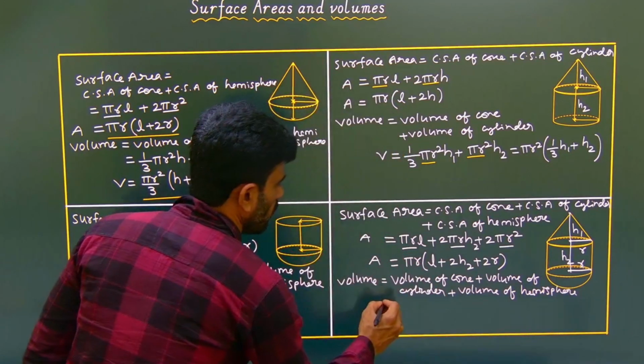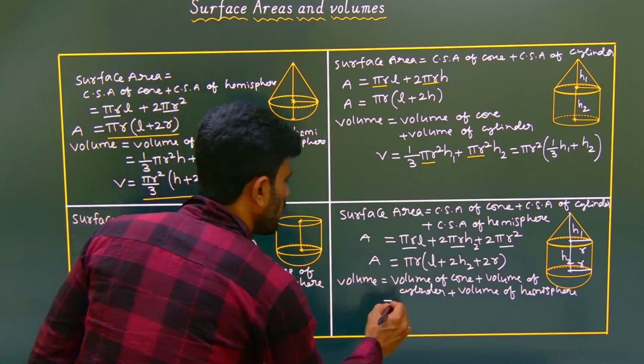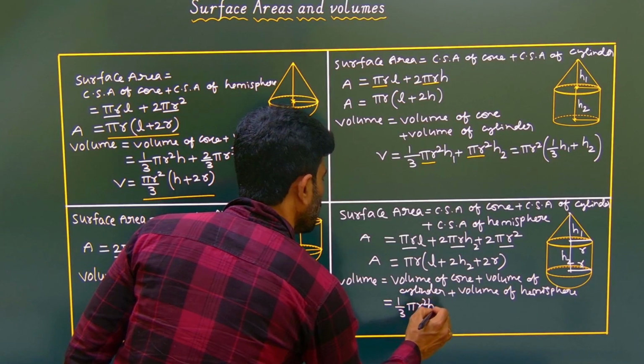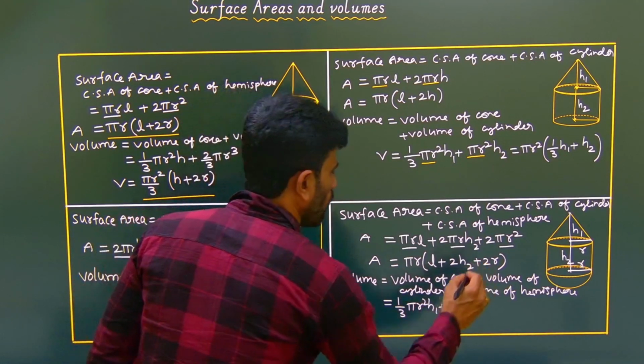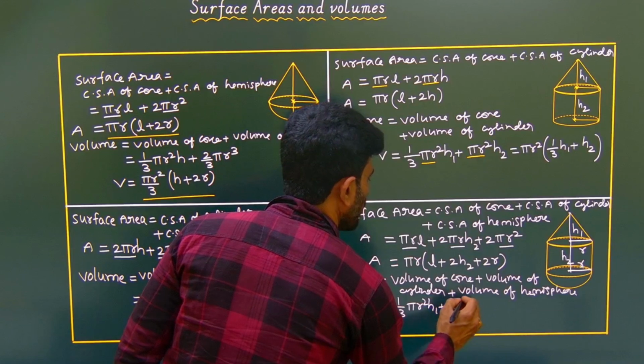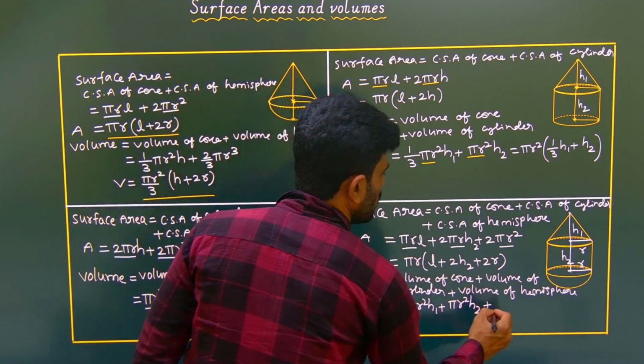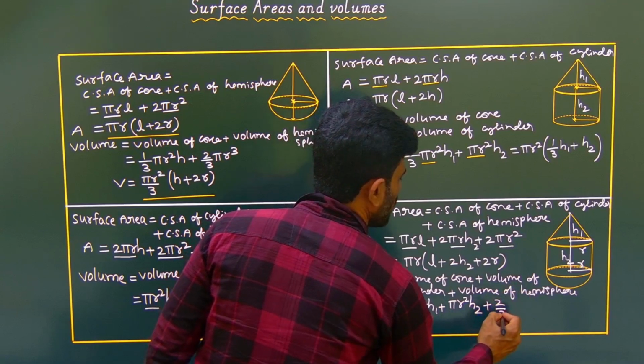Then what we get: volume of cone is 1 by 3 pi r square h1, plus volume of cylinder is pi r square h2, because we have taken the height of the cylinder as h2, plus 2 by 3 pi r cube.